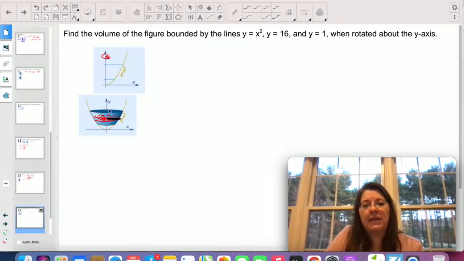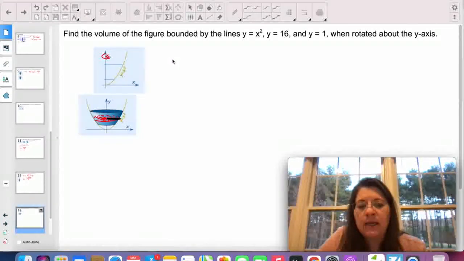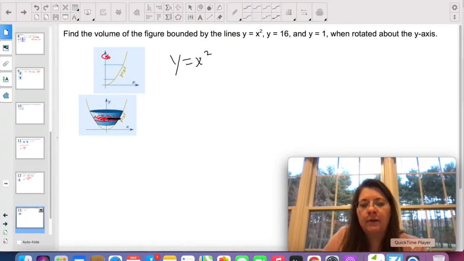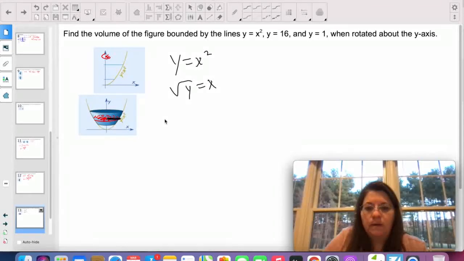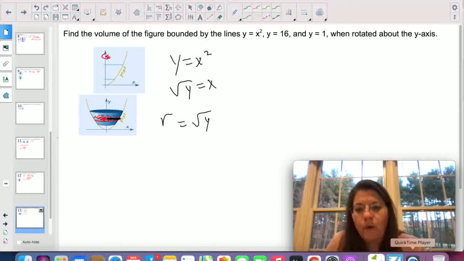This is rotating about the y-axis. So we do have to solve this thing for x. So we have to get x by itself. So if my function is y equals x squared, then to solve this thing for x, wouldn't I need to take the square root of both sides? So my radius would be the square root of y minus 0. So my radius would be the square root of y.